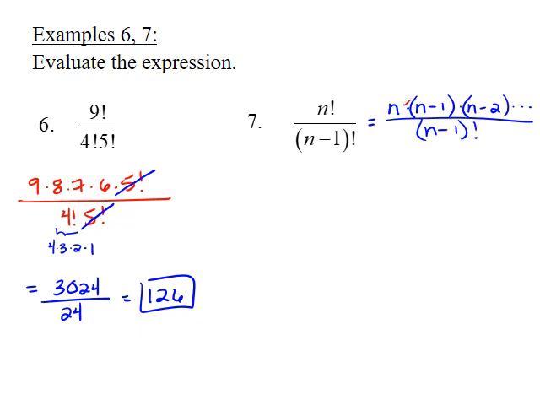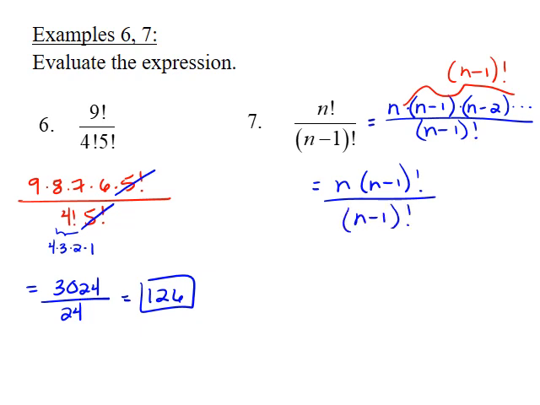Well, I can rewrite this as n times n minus 1 factorial over n minus 1 factorial. And these cancel, leaving me with n.